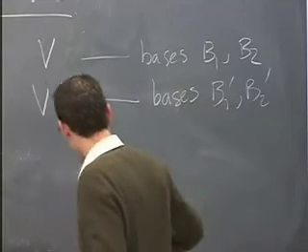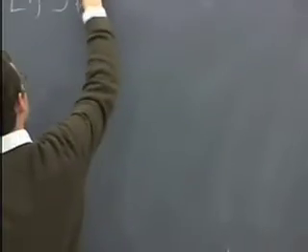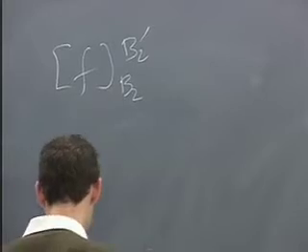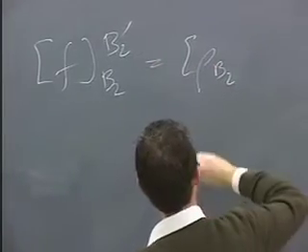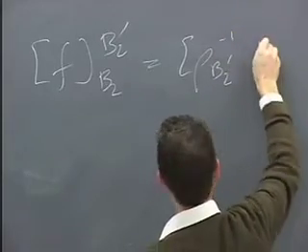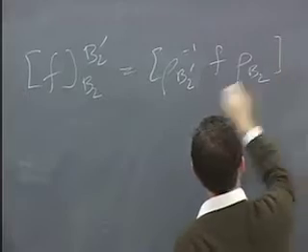Well, let's just write out explicitly what F is in terms of the second vector space. So suppose you write this in terms of B2 prime. Well, we define this as being rho B2 prime inverse F rho B2, right?